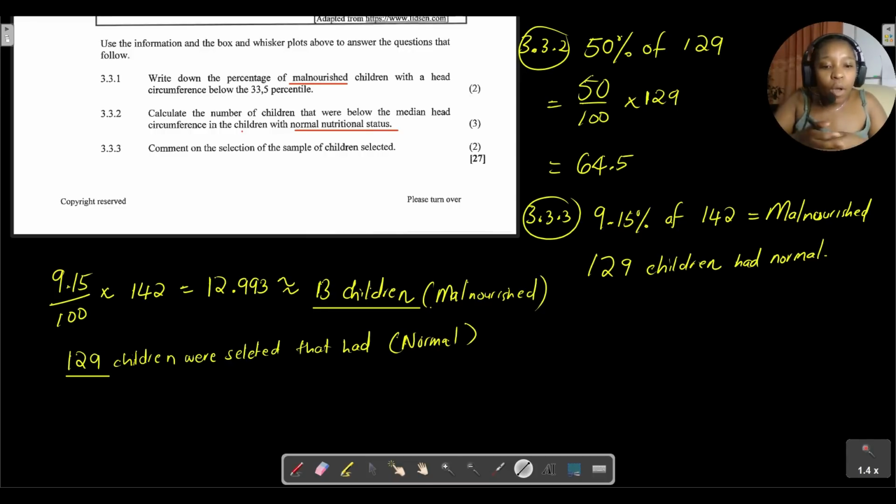Therefore, we can't rely on this data to make any kind of conclusion. It's unfair sampling. It favors the children that have a normal nutritional status, so we can't make any valid conclusion based on this.